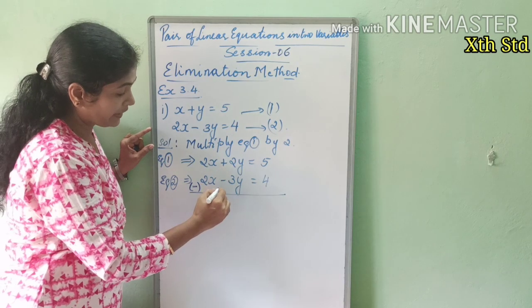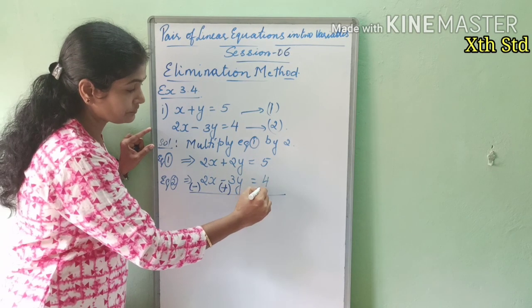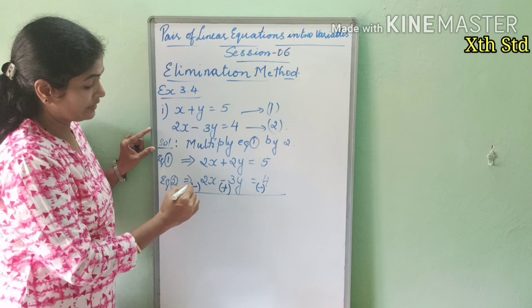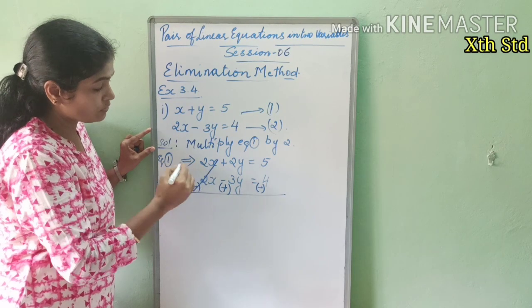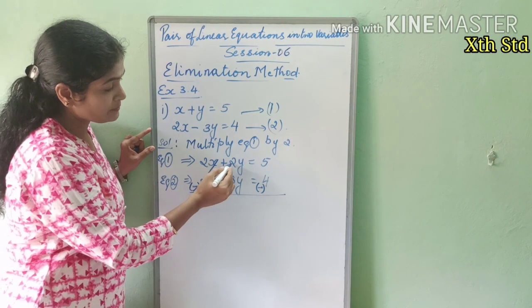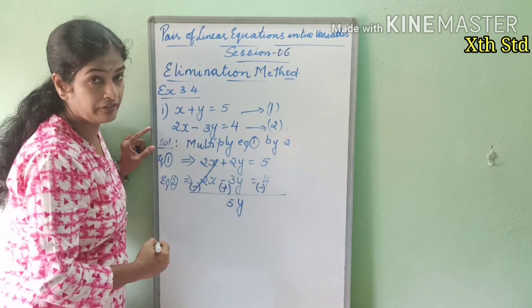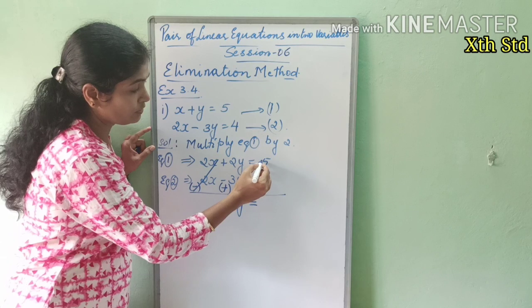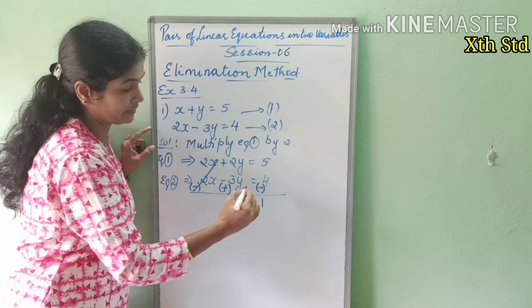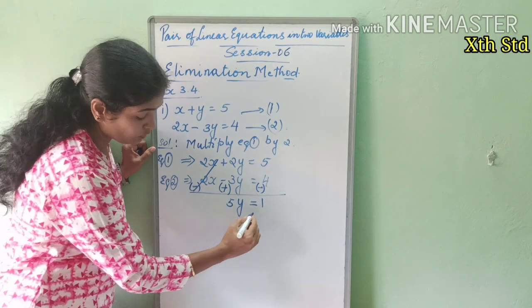When we are subtracting, the sign will change. So plus 2x and minus 2x get cancelled. Here it is plus 2y plus 3y, which gives you plus 5y, equal to 5 minus 4, 1. Therefore, what is y equal to?